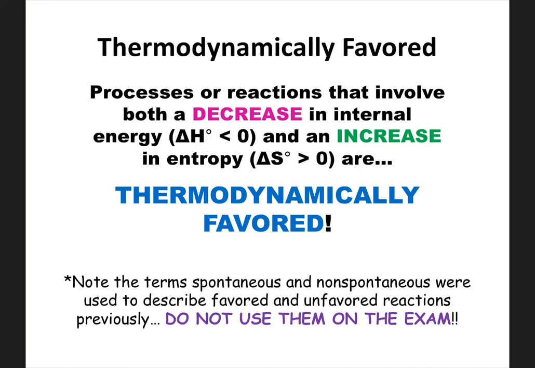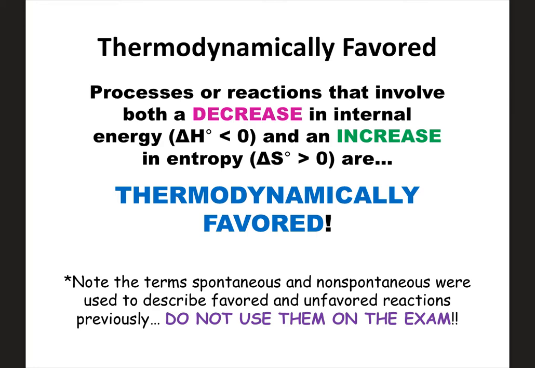And you have to use this terminology. All right, they used to use the terms spontaneous and non-spontaneous to describe these favored and unfavored reactions. So the idea is that if a reaction is favored, it would just happen spontaneously. You mix the things and then the reaction takes place spontaneously. So that's what the terms they used to use here for a favored reaction, but you're not allowed to use that on the exam anymore.